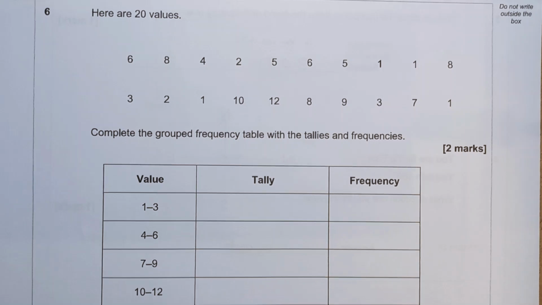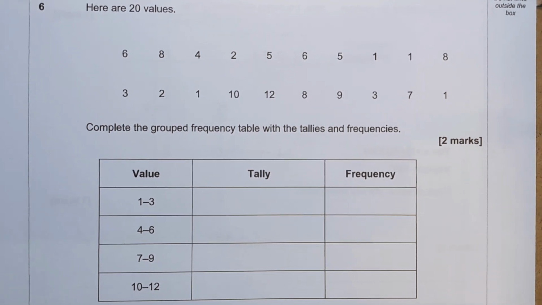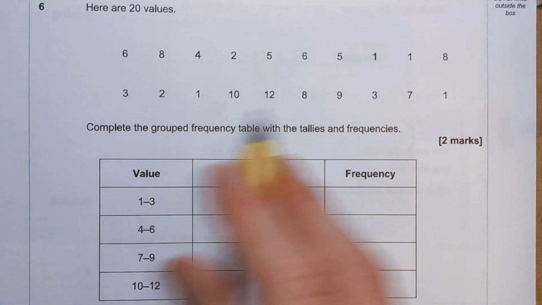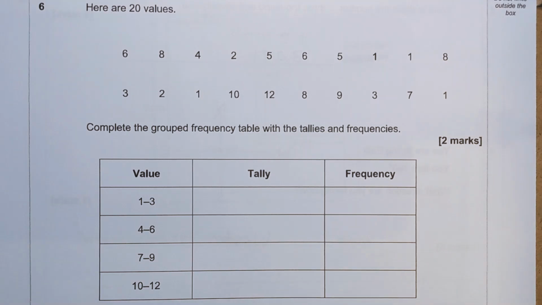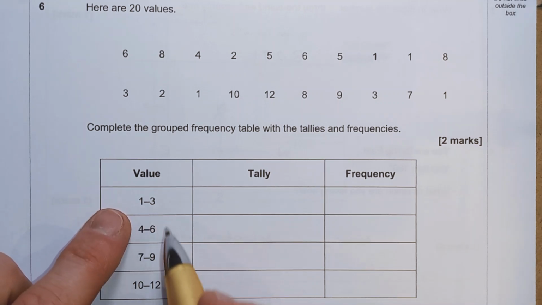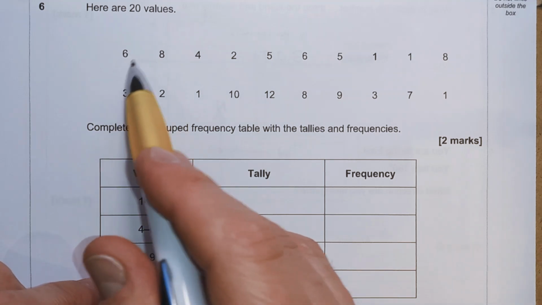Question 6. Here are 20 values. Complete the grouped frequency table with the tallies and frequencies. So, all the values that are between 1 and 3, all those between 4 and 6, between 7 and 9, and 10 and 12. You can go through them one at a time.